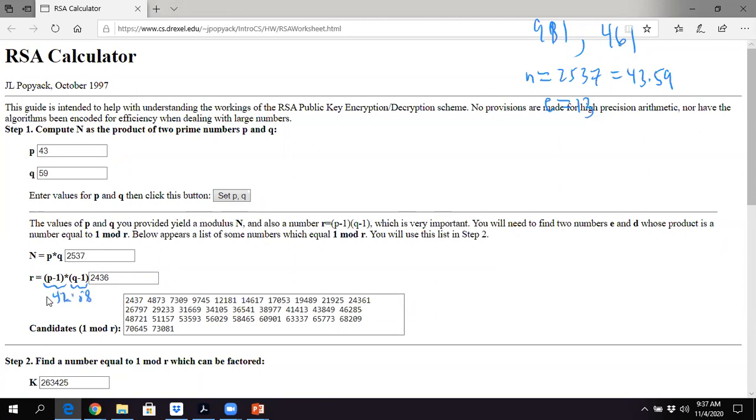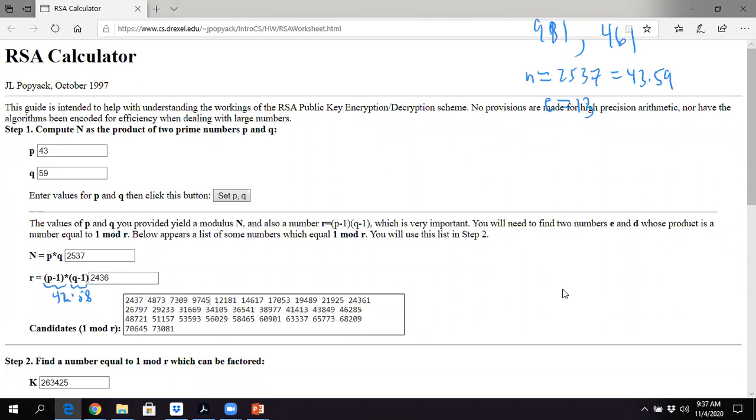If I multiply those together, I get 2436. And this right here is everything that is 1 modulo 2436. And I need something that is divisible by 13, correct? I want something that's actually divisible by 13.